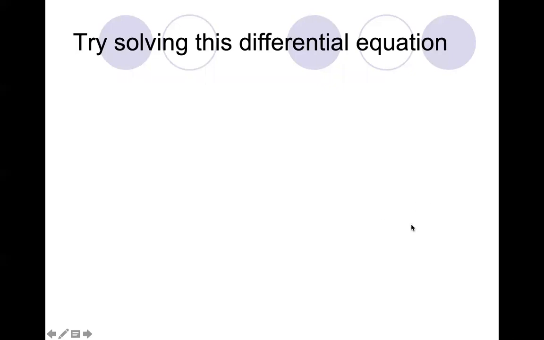There is another differential equation here that you need to solve.